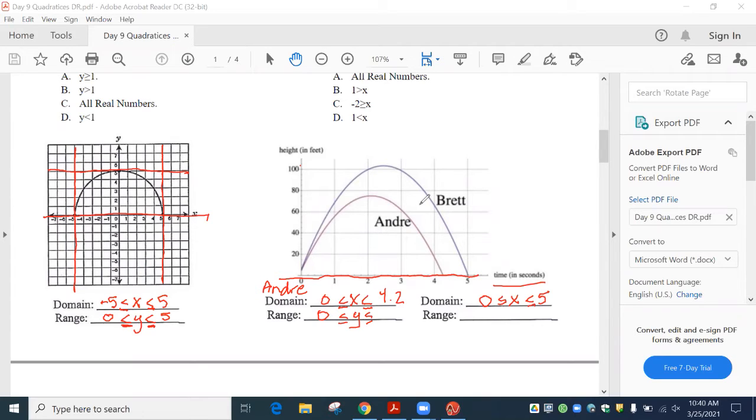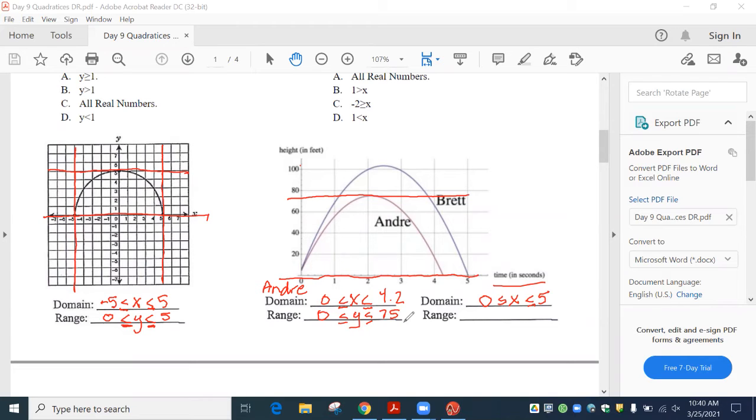Now, what's the highest that Andre goes? Andre goes, so this is 60 to 80. I think this is above 70. I would probably say what, 72, 74. You could even say 75. Anybody want to pick a number? 75. I like 75. All right.